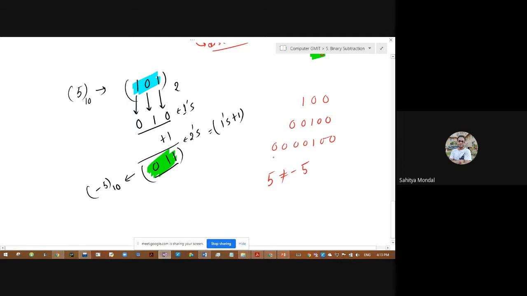But in the case of plus 5 and minus 5, though the values are different in decimal and we perform different operations, in binary the pattern should be different. In binary, there is no sign. We have only patterns of zeros and ones. So the pattern must be different in the case of +5 and -5. Right? Yes, sir. Okay.